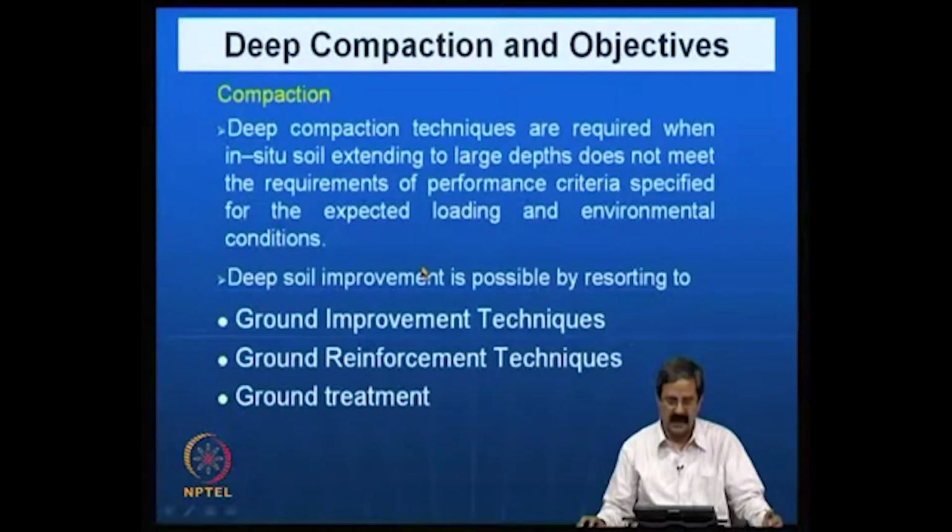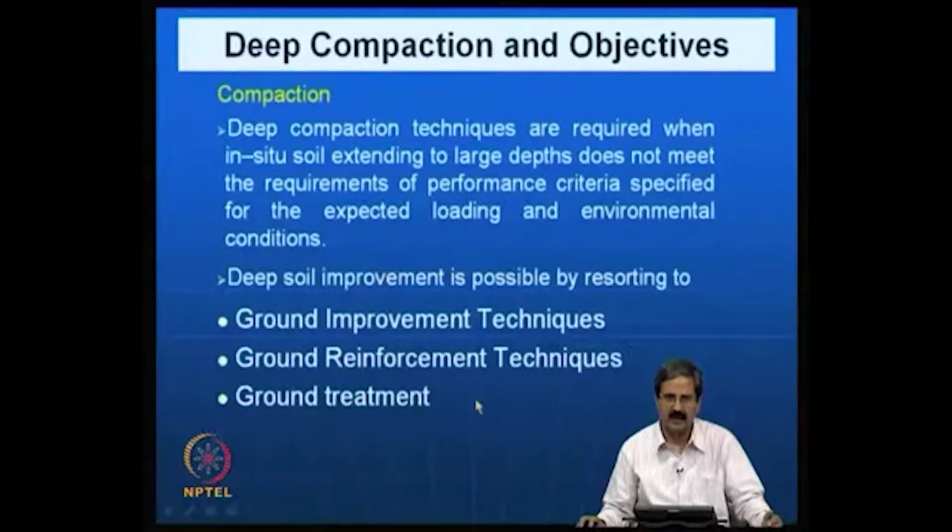Deep soil improvement is possible by a couple of techniques. In fact, we can classify them into three categories. We can say that for deep soil improvement one can use many methods like stone columns, jet grouting, deep mixing, and many other methods that we will be discussing.